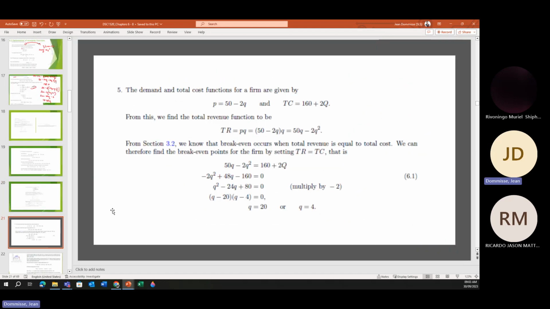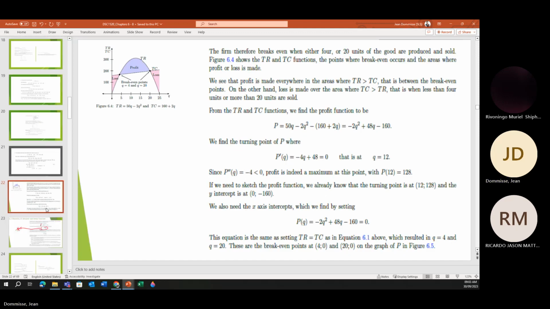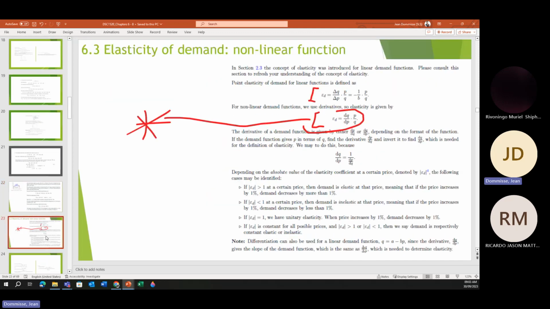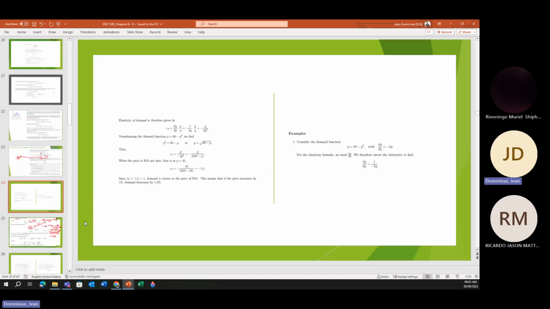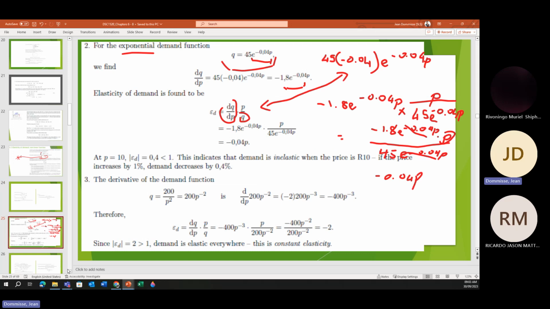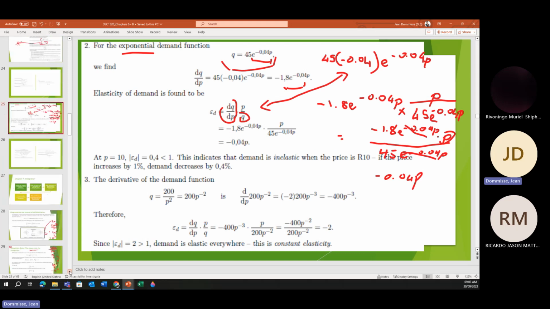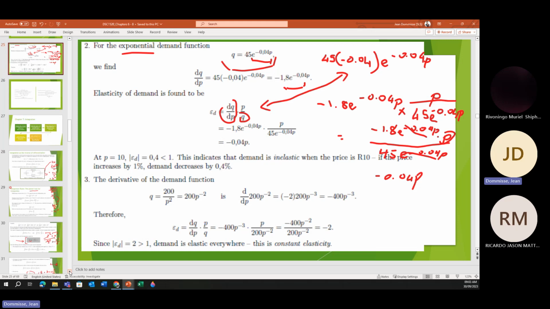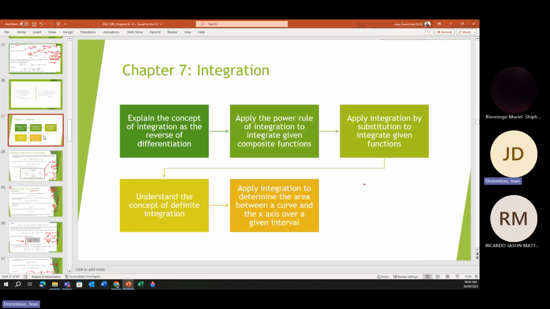Okay, so today, and also what we went into is some of the elasticity of a nonlinear function. We worked out one example of that as well. So basically, last week we covered study unit 6, and yes, I will reshare that session that we had.